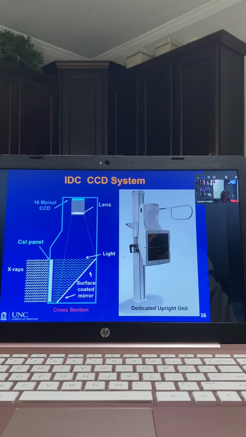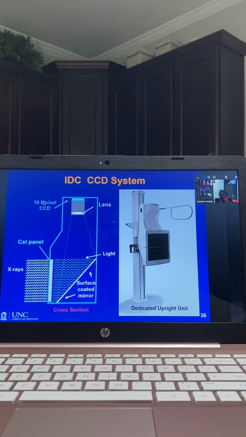Then where this angle is on this device, there is a mirror with a coating. You don't need to know what it's coated with, but it's coated with a substance that will take the light and reflect it up this direction, towards the top of this device, and that light will go through this lens and be focused to this CCD.